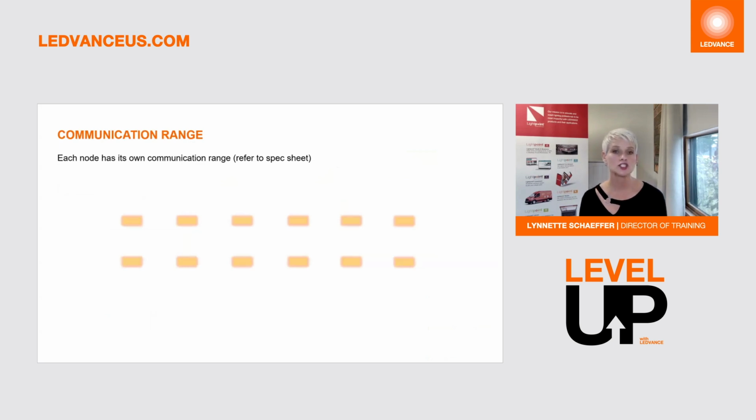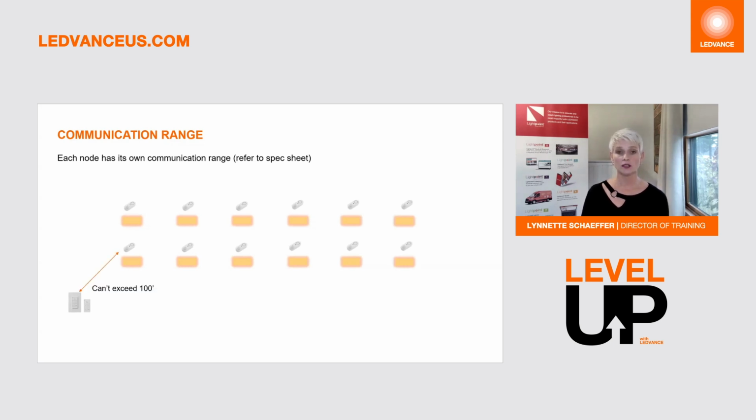So a couple last things to mention. I said this at the very beginning of the training: each node or each component of the Link system has a communication range, and they vary from one product to another, okay? So this particular wireless controller is going to have a different communication range than, say, this push-in sensor.